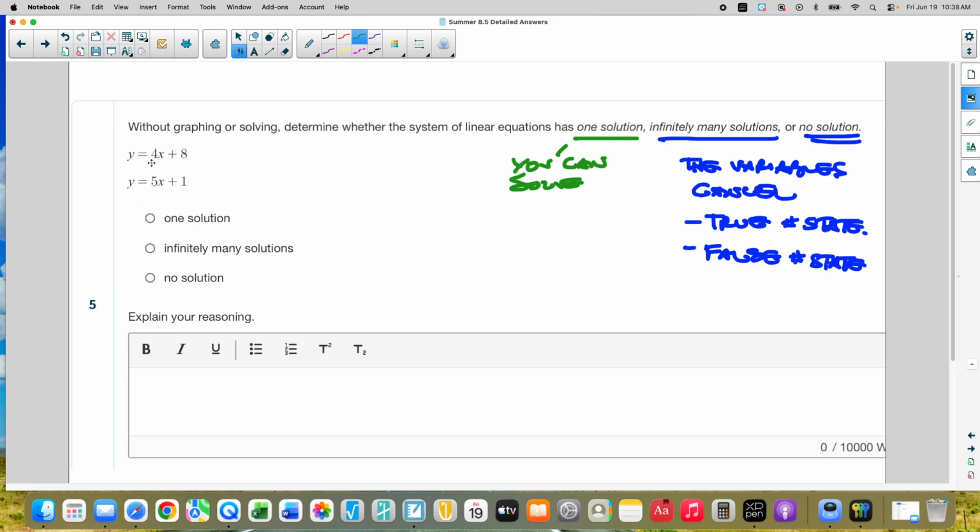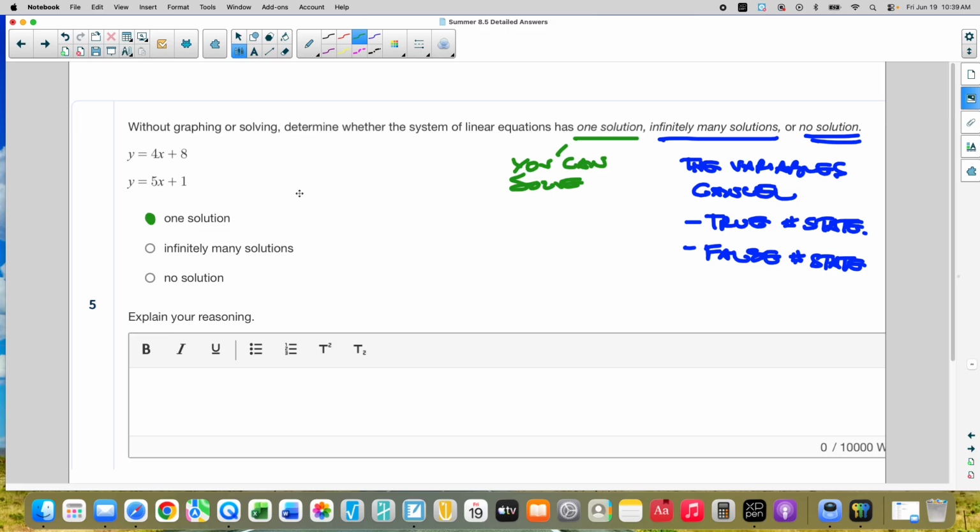So in this situation, if I use substitution and I take this for y and I move it, I'm not going to cancel out. My x's don't cancel. My y's cancel because of substitution, but my x's don't. So I'm going to end up with one solution. You can solve it. That's why.